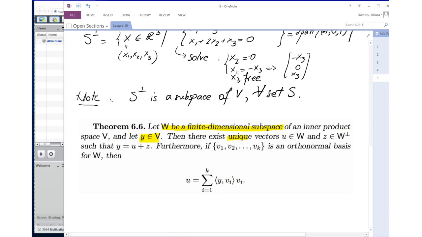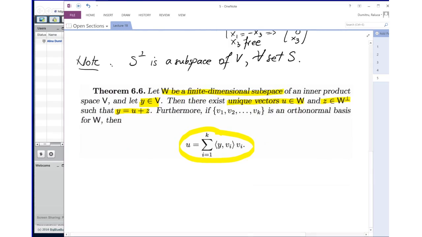Now there exist unique vectors, u in W, z in W orthogonal, such that y equals u plus z. And more than that, you have a formula for finding u. That u will actually be called the projection of y onto W. So it's the direct expansion of what I was explaining before with that vector and projecting it into the xy plane. It's the exact same thing.